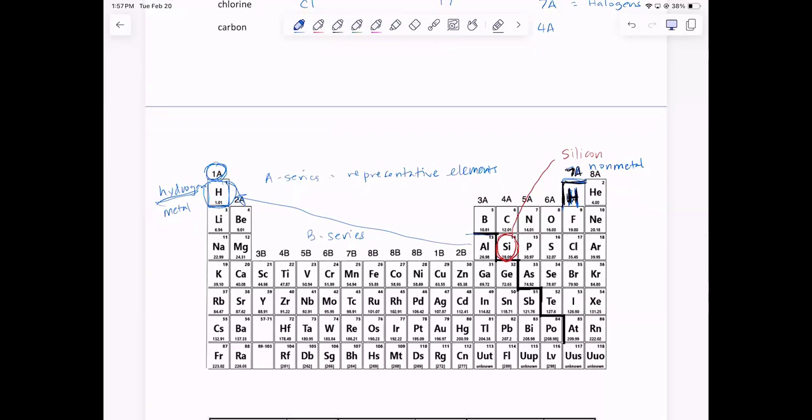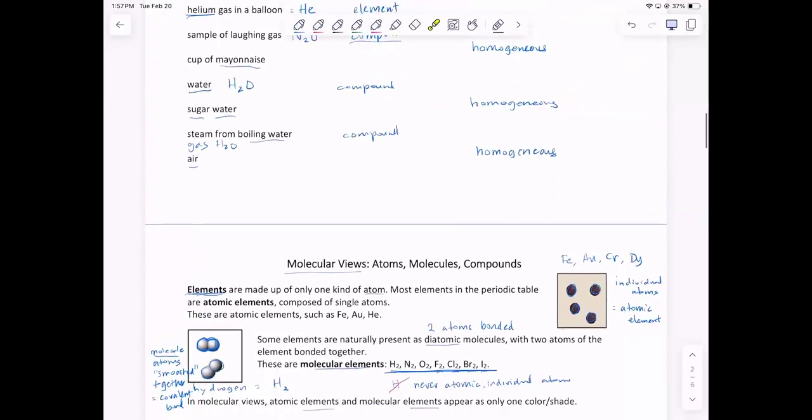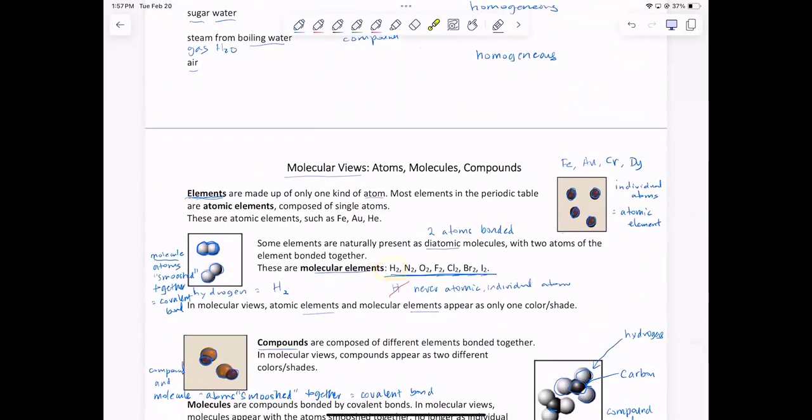It can act like a metal, and it can also act like a nonmetal. We'll get to more of that when talking about bonding, but mostly what we know hydrogen as is the gas that is H2. So mostly hydrogen is present as H2. It's a molecular element, bonded to itself as a diatomic molecule. And hydrogen can be present as individual atoms, already bonded to other atoms, when it's in a compound.